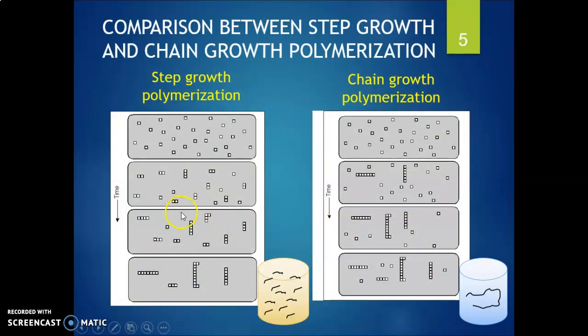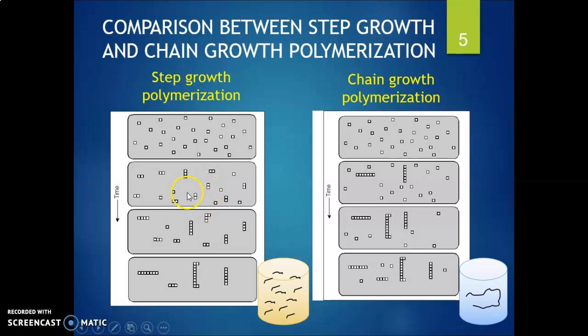Okay, this is some general diagram for step growth and chain growth. So this is the short chain. Okay, step growth polymerization. The first monomer here reacts with another monomer here, then it produces a short chain.